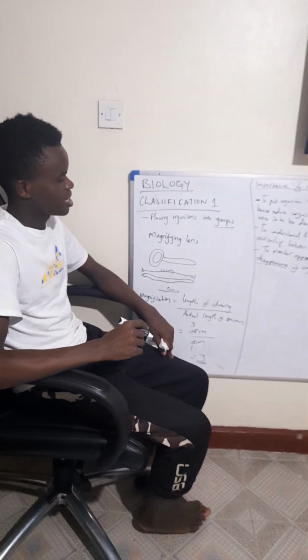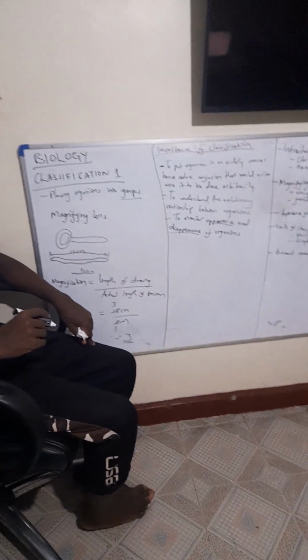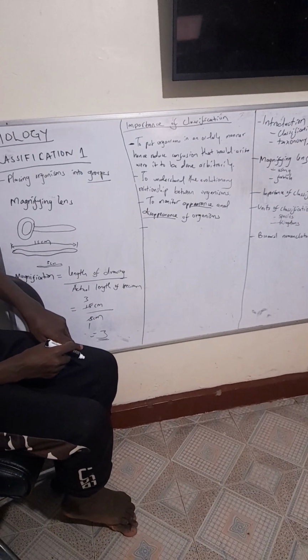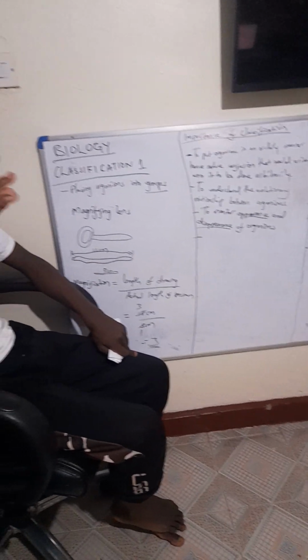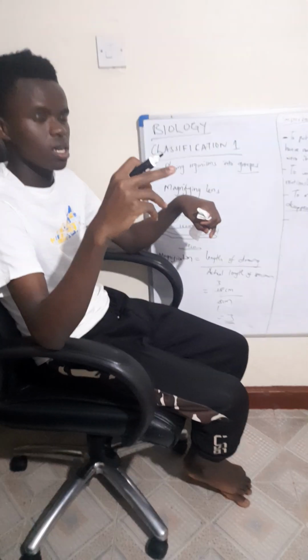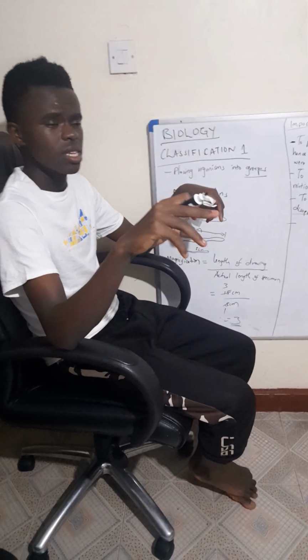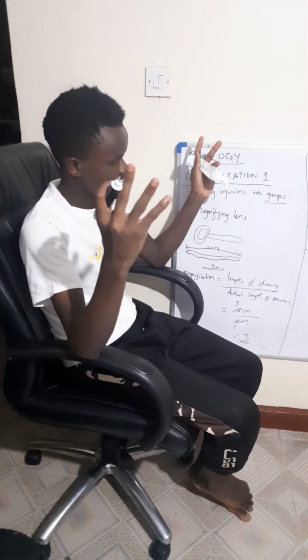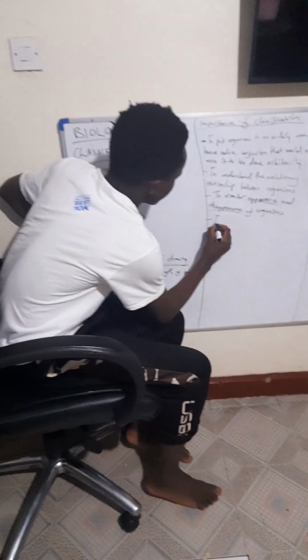Oh, and I forgot another importance of classification. Before I move on, classification can also be used to place organisms with the same characteristics in the same group, while differentiating them from those with different characteristics.